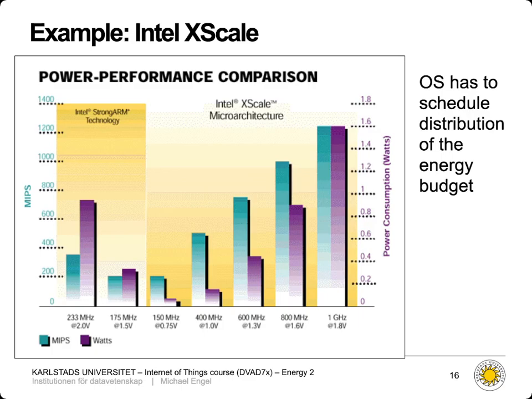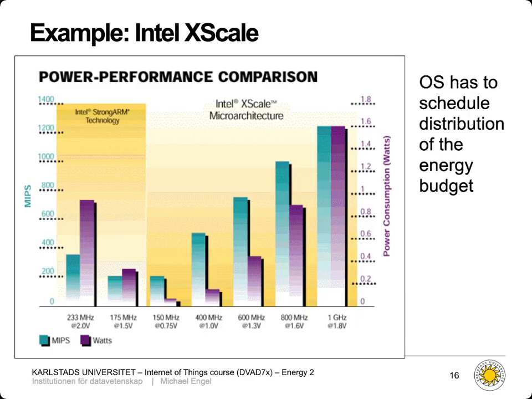And this is an example for the successor of the StrongARM processor we've seen 2 slides ago. This is the XScale processor, now built by Intel, because Intel took over that division by DEC that produced these StrongARM processors. And we see that we have very different frequency bins here. On the left-hand side, we have the Intel StrongARM we've seen before, and on the right-hand side, we have the newer Intel XScale, which scales to much higher frequencies.